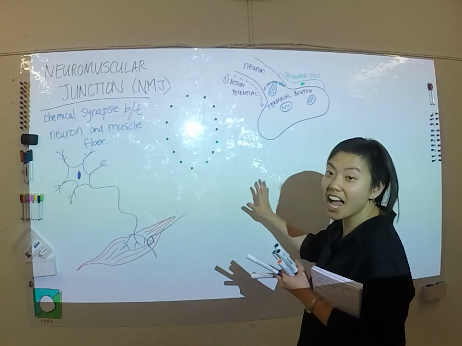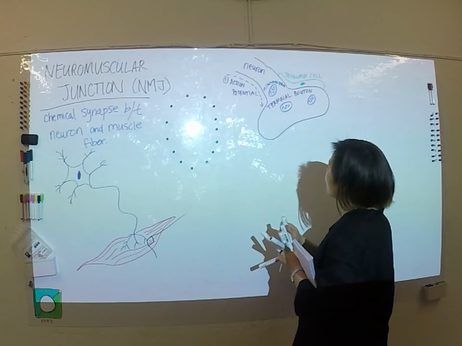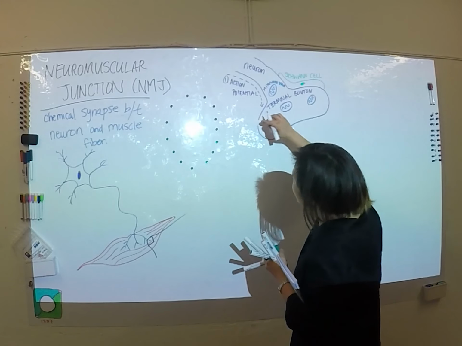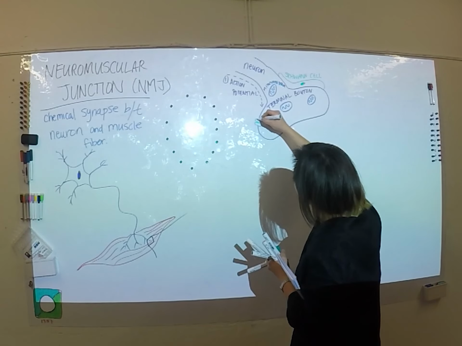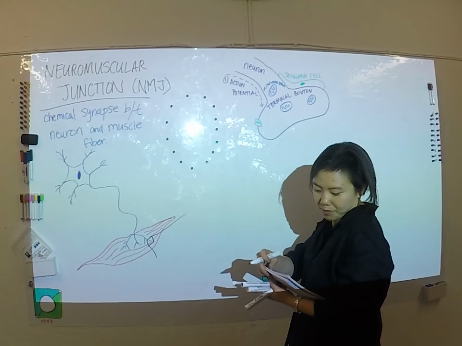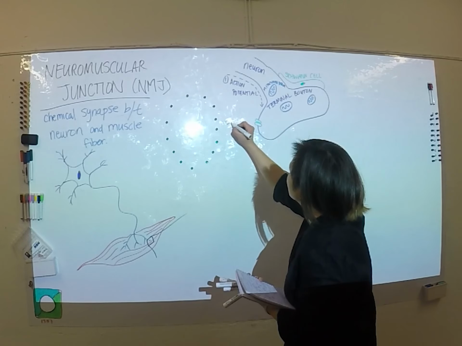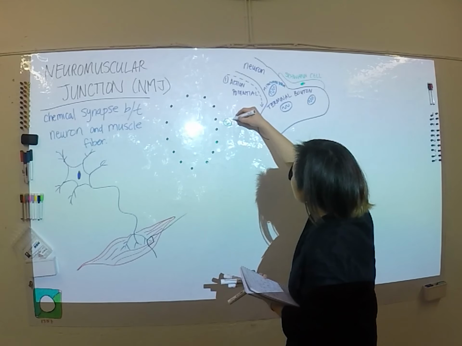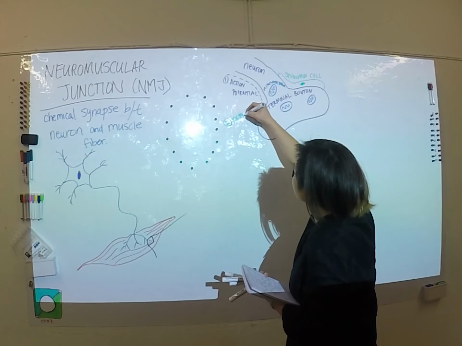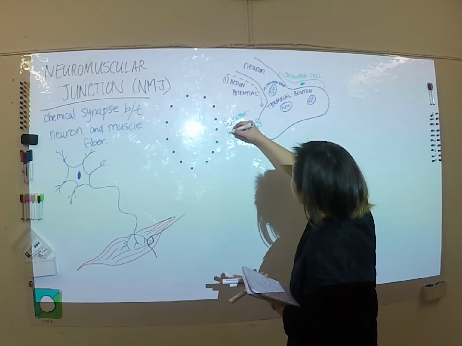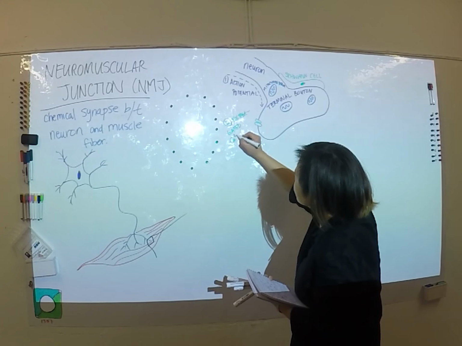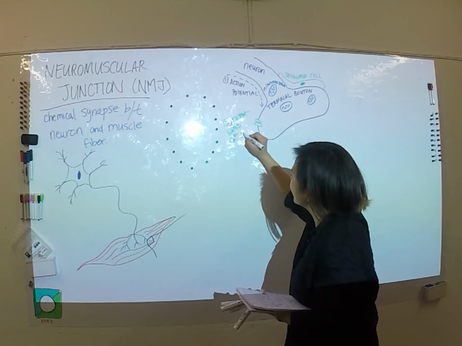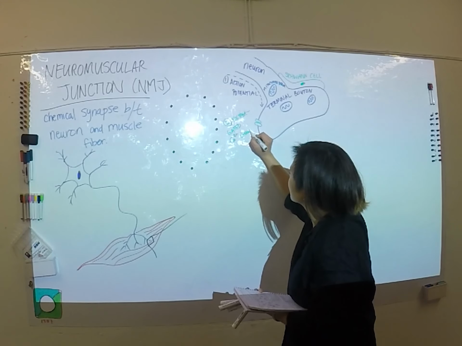Just like in a regular synapse, we have here step 2, which is voltage-gated calcium channels open.